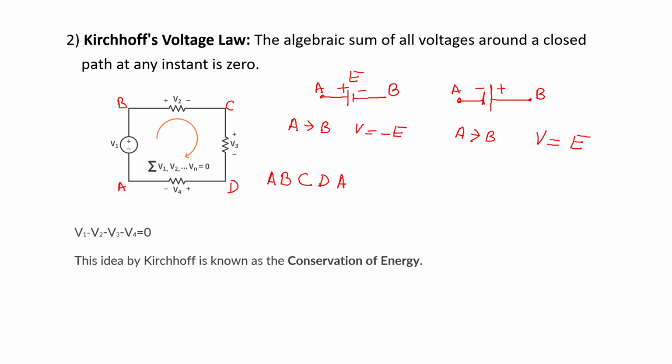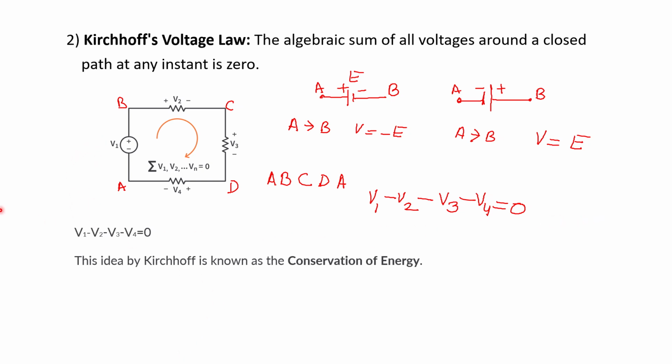From B to C, there is a fall in voltage, so you can write minus V2. From C to D, plus to minus, that is a fall in voltage, that is minus V3. From D to A, again a fall in voltage, that is minus V4 is equal to 0. So you can say V1 minus V2 minus V3 minus V4 is equal to 0.